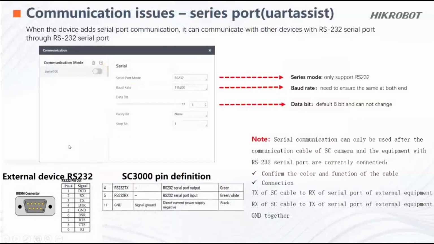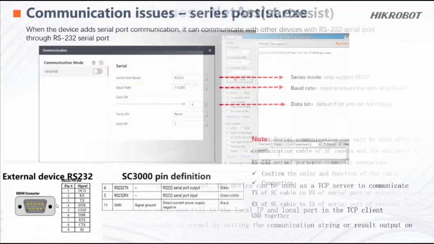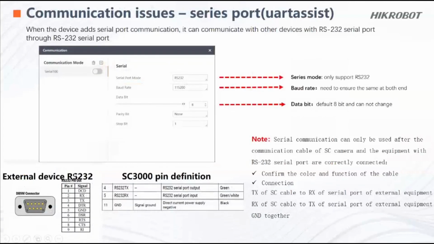And the second one, we also have this simulation software, which is UART assist. It is exactly the same. When you connect everything right, you can communicate through the RS232 port.